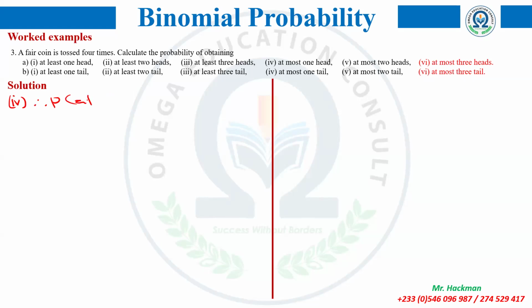So this will be equal to P, probability of X less than or equal to what? Less than or equal to the value that you've stated here. So X is less than or equal to 1.